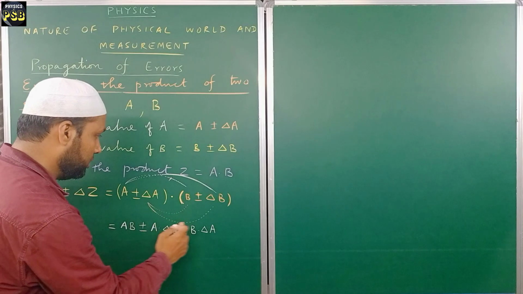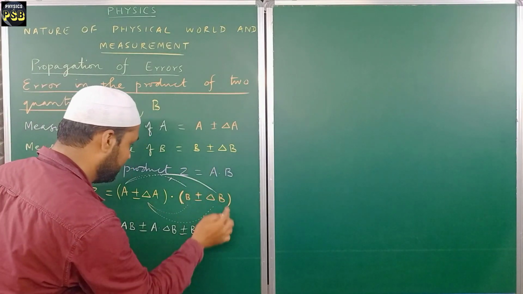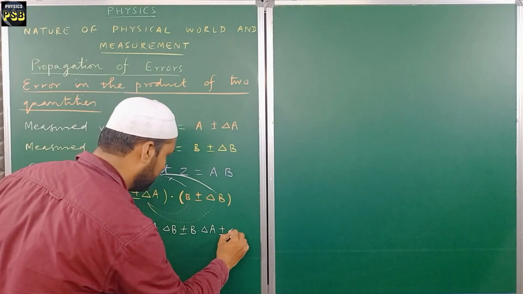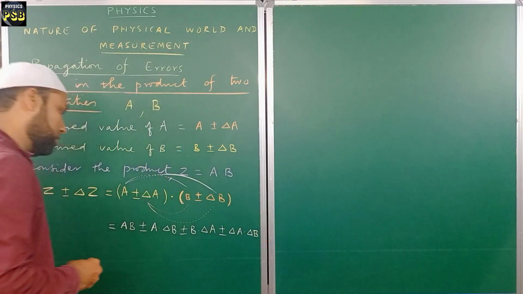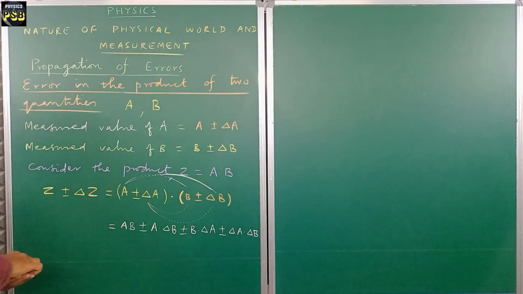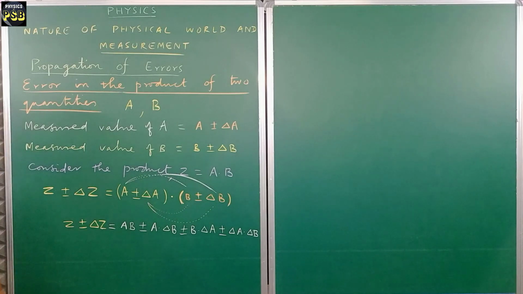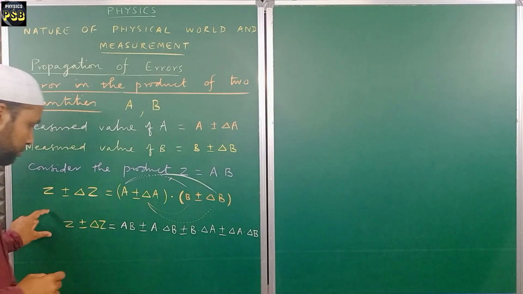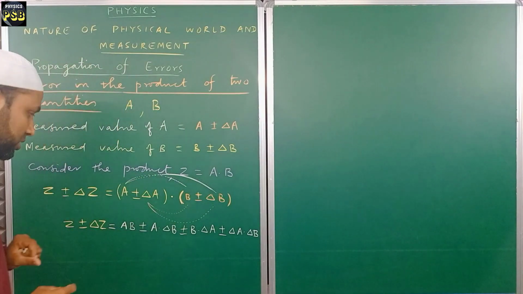So now this term is multiplied with this. So what I get? Plus or minus delta A delta B. Okay. This side I have Z plus or minus delta Z. Now I'll make a small change. I'm going to follow a simple method to simplify this expression.